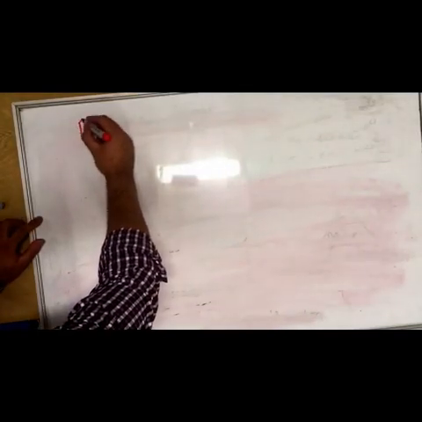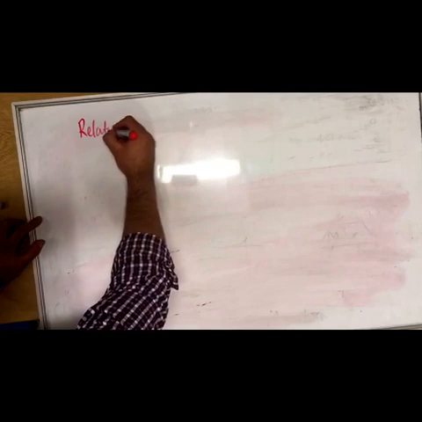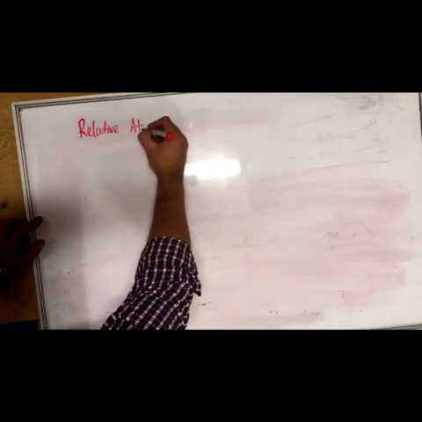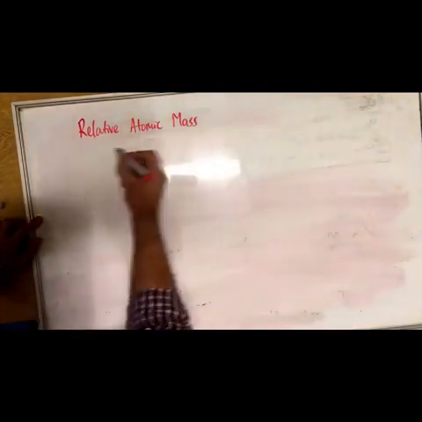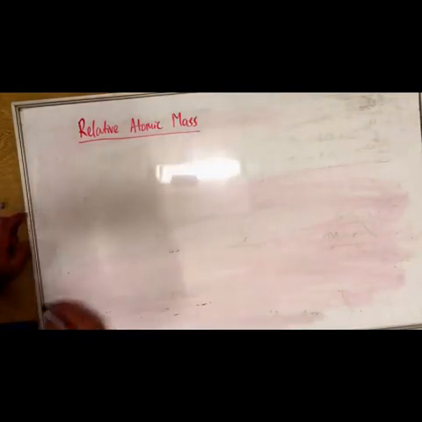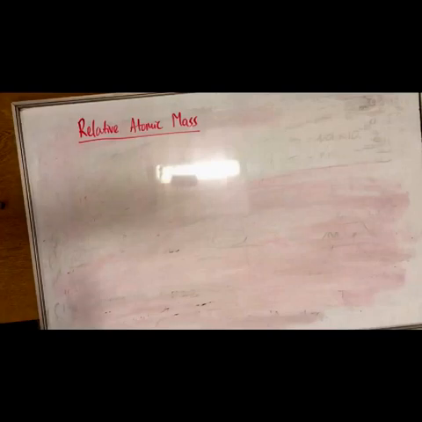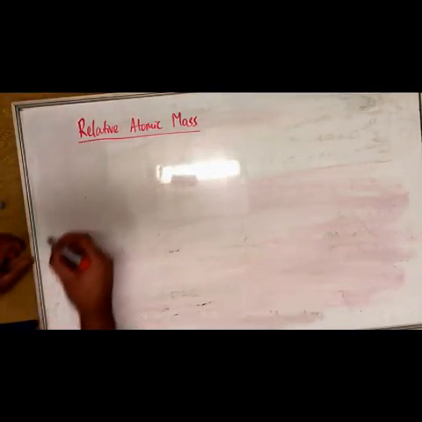For 2, and it's all going to be about relative atomic mass. Now, there is a definition you'll find in almost every GCSE textbook where it goes something like this.